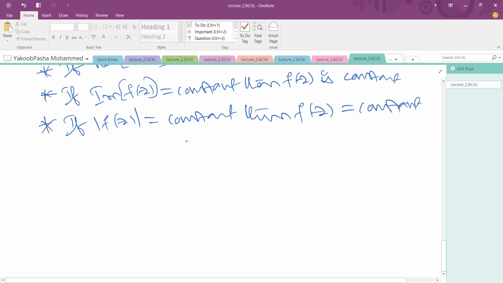Now, I am taking two functions. If f of z and f of z bar, these two are analytic functions.